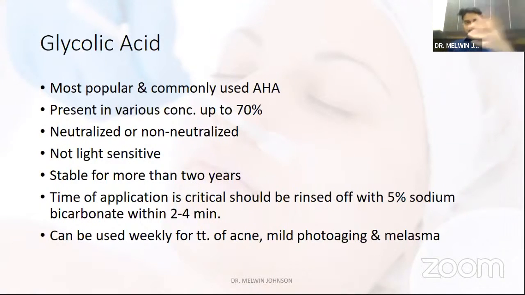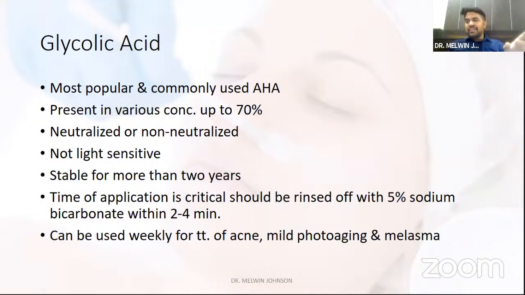So what we do is we start with the cleansing of the face. Our face has a lot of oil or grease or secretions, and a lot of debris or pollutants stuck to our skin, so we clean it with the help of an alcohol swab, and then we degrease it with a degreasing solution.